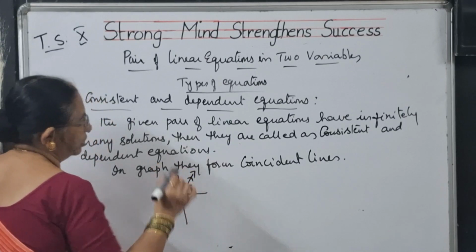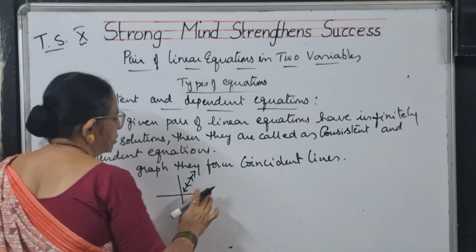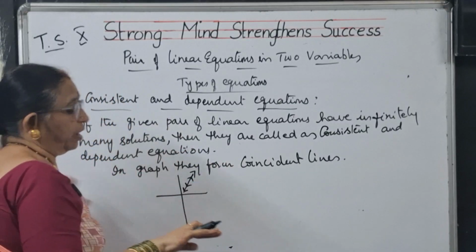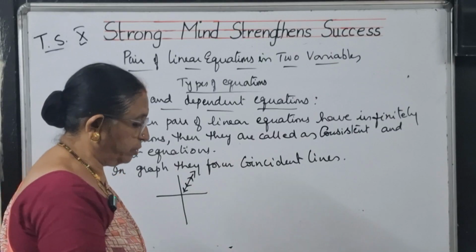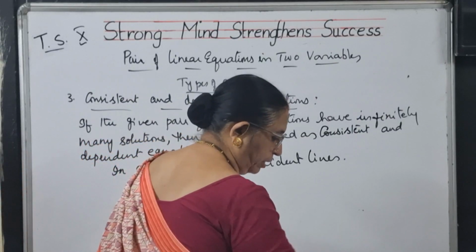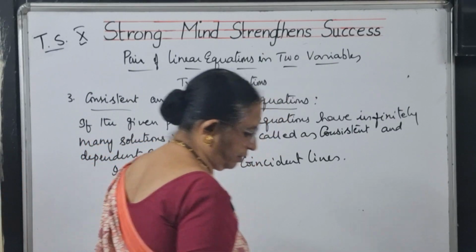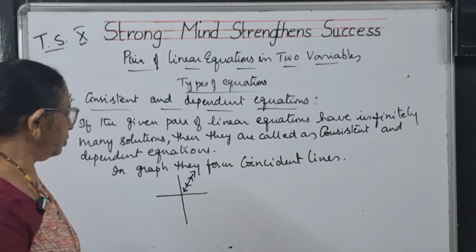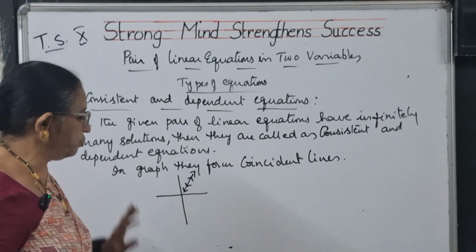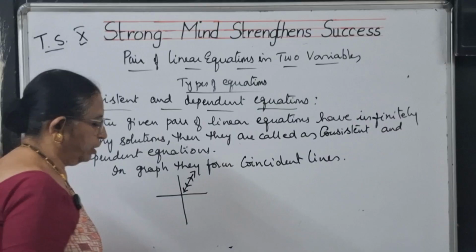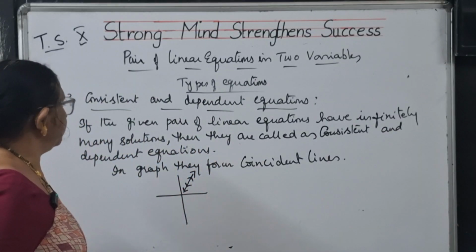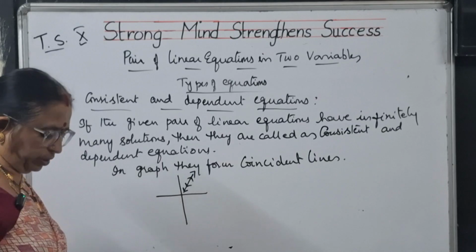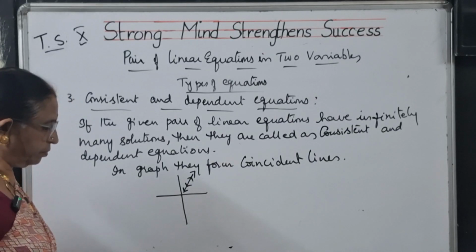This is one line, this is one line. So, they form the same one line. If you draw upon it only, you are going to get the other one. That is called as inconsistent lines. Children, straight line, you will be getting two straight lines. Please note it down. These are different types of equations which you are going to get in this chapter.